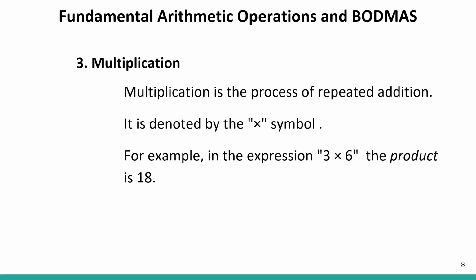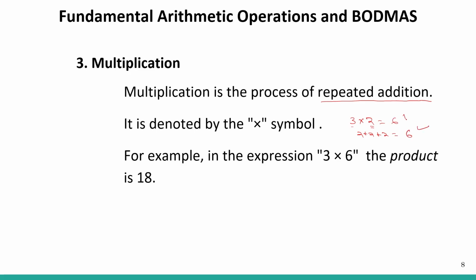And the third kind of arithmetic operation is multiplication. Multiplication is the process of repeated addition. Just note down this term, repeated addition. If you are given 3 into 2, you add 2, the second term in the multiplication, 3 times: 2 plus 2 plus 2. How many times was 2 added to itself? 3 times, and that is equal to 6.